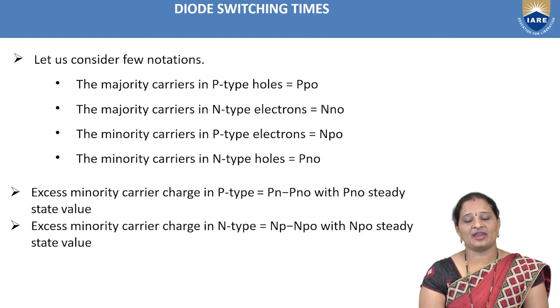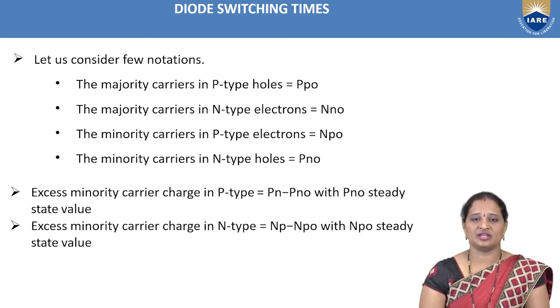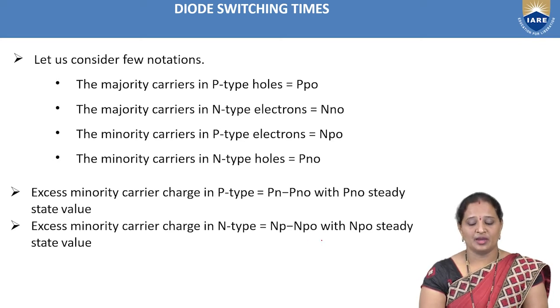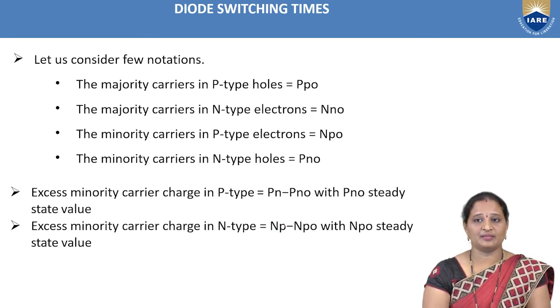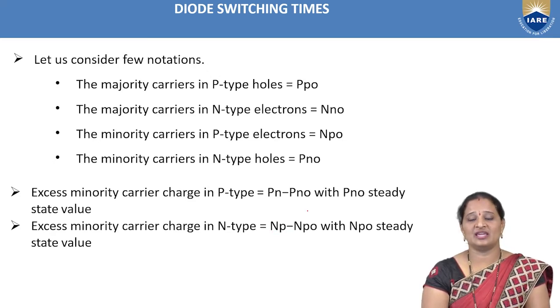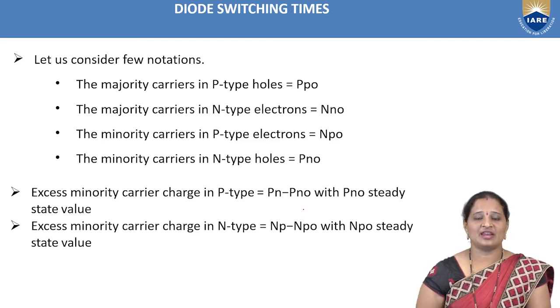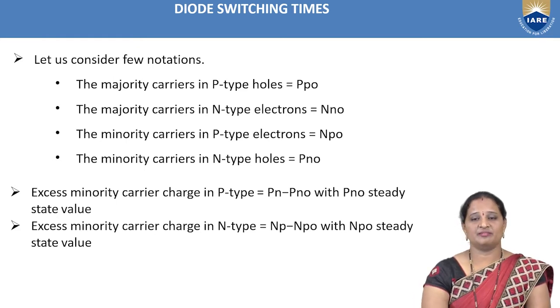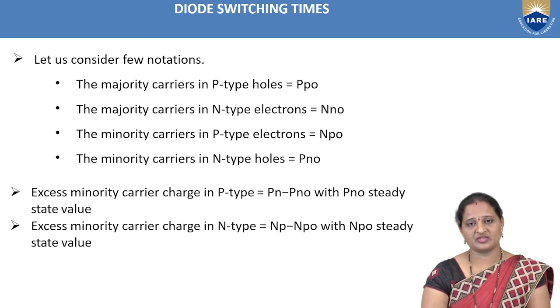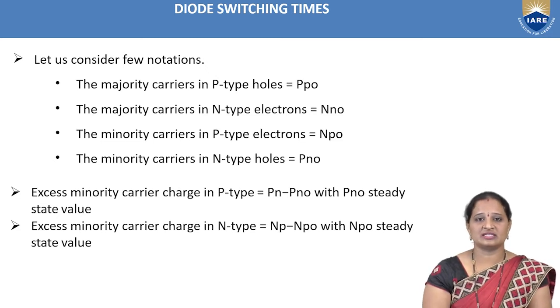The excess minority carrier concentration in P-type material near the junction is given by Np minus Np0, where Np is the minority charge carrier concentration in P-type material, the electrons, and Np0 is the equilibrium or steady state value. So these are the basic representations that we must be aware of when discussing diode switching times.